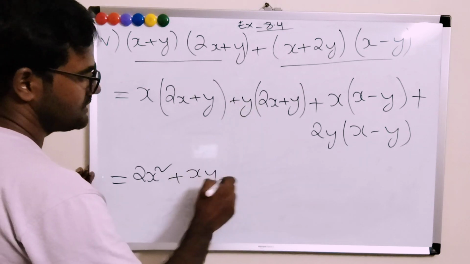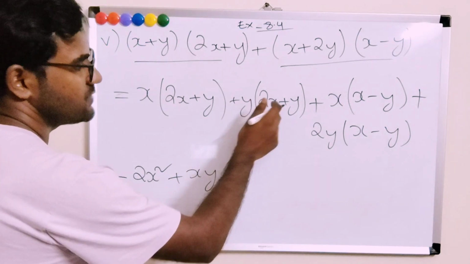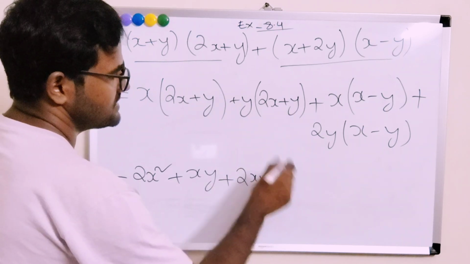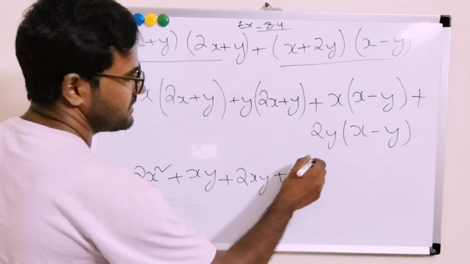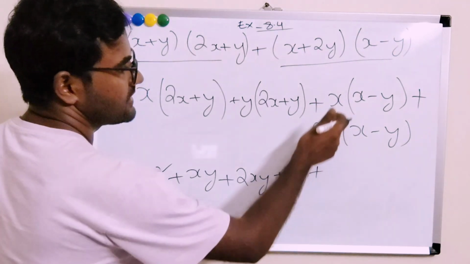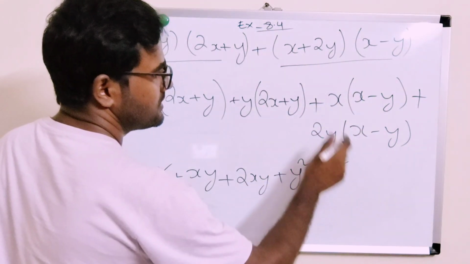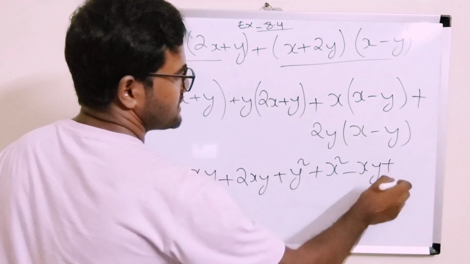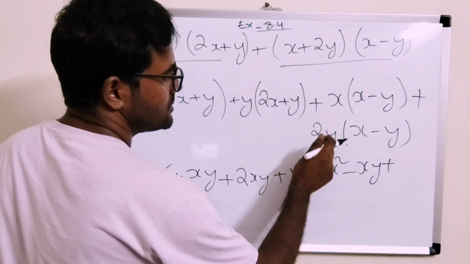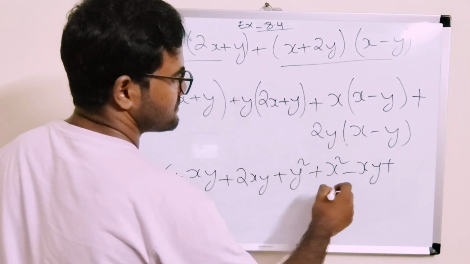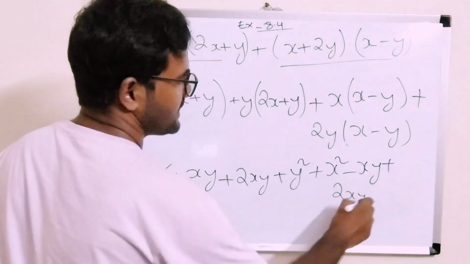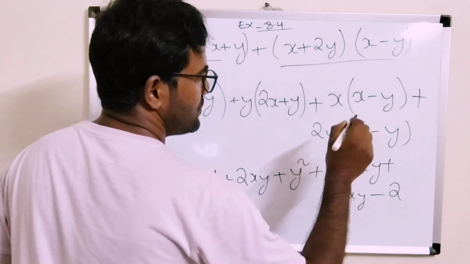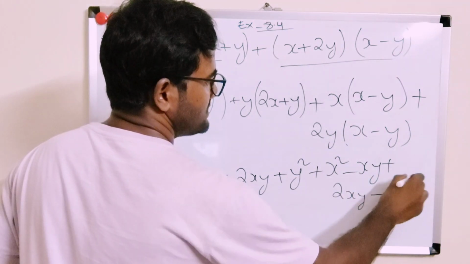All right, now this one plus, so 2x into y will be 2xy, plus into plus is plus, then y into y is y square, plus then x into x is x square, plus into minus is minus, then x into y is xy, plus this thing now we will write 2y into x will be 2xy, plus into minus is minus, then 2y into y will be 2y square.